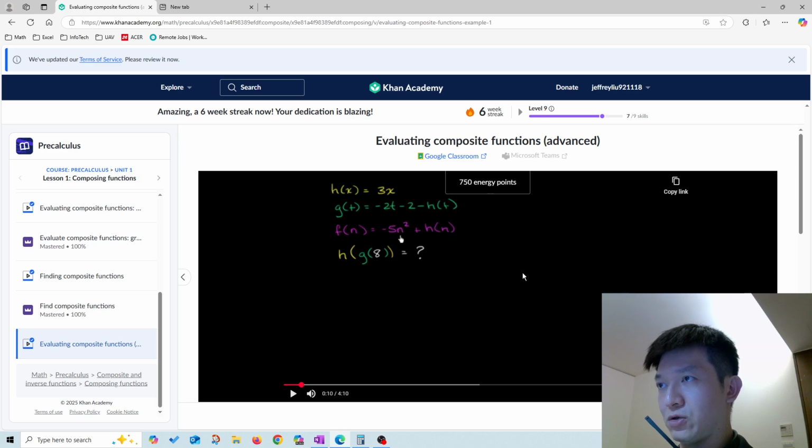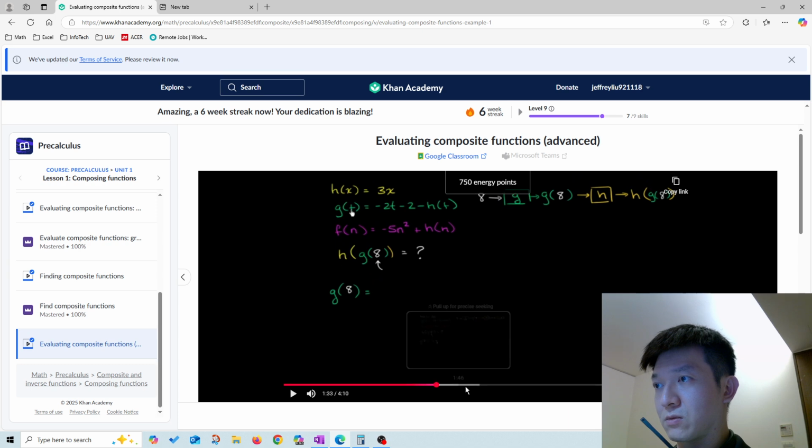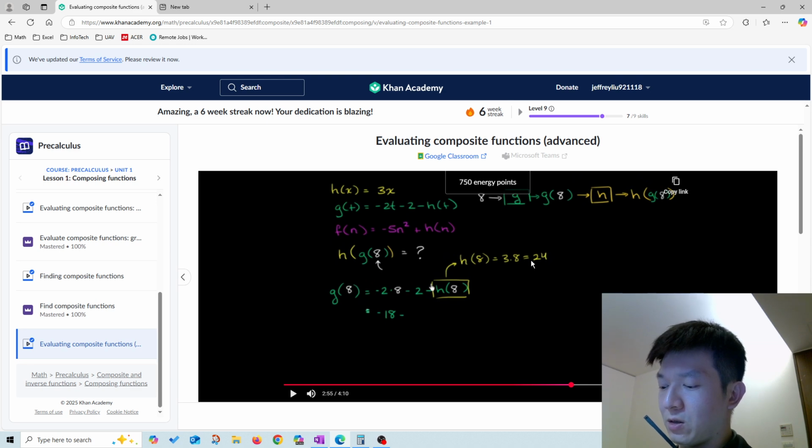That has to go to h of x. Okay, so let's see if our answer is right. 24, right? That's correct. Okay, so our whole thing is negative 42.